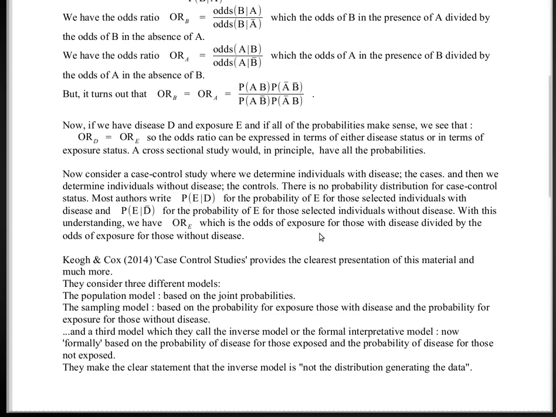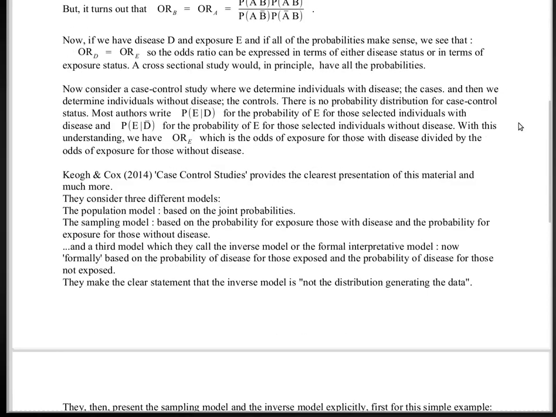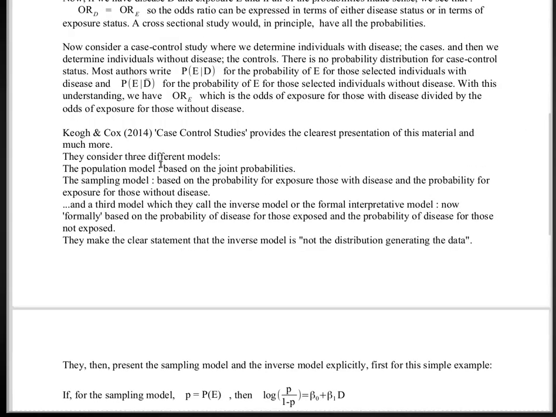Well, in Keogh and Cox's 2014 book called Case Control Studies, they detail the three models that are at issue here. The population model they call the one that is based on the joint probabilities. That's where all of the pieces are available. The sampling model might be where we only have the probability of exposure for those with disease and the probability of exposure for those without disease. So that would be the real model, if I may, in a case control study.